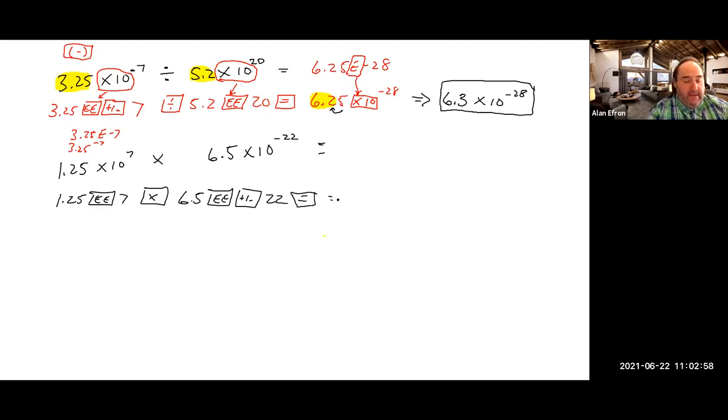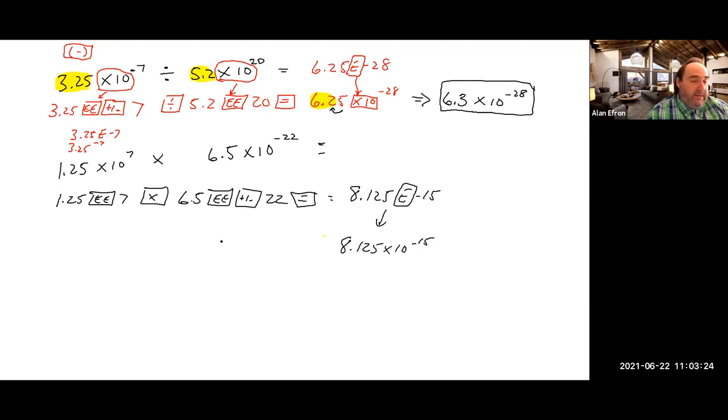If I do all that, 1.25 E7 times 6.5 E minus 22, on my calculator I get 8.125 E to the minus 15. Again, we should not leave that E. That should be transformed into 8.125 times 10 to the minus 15.